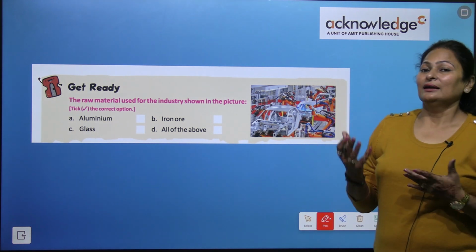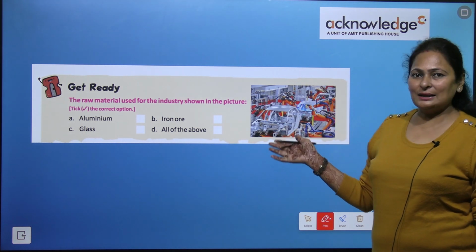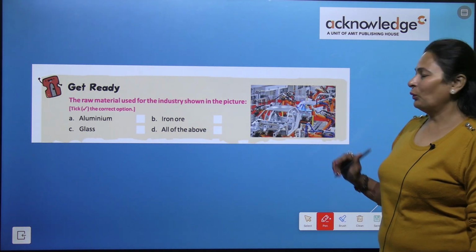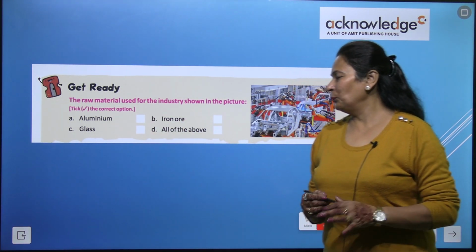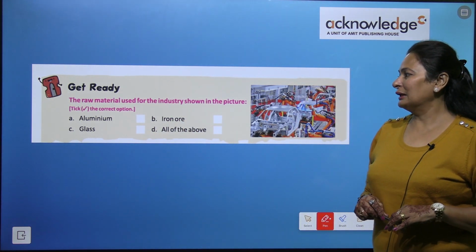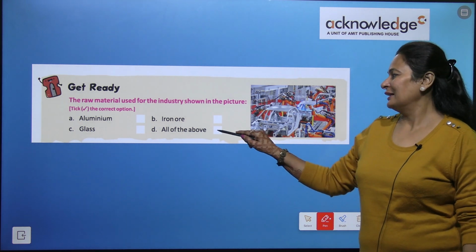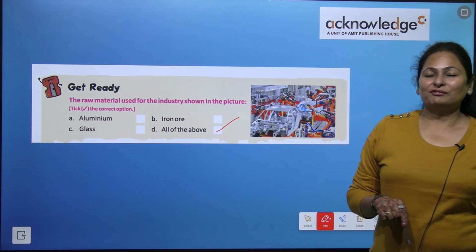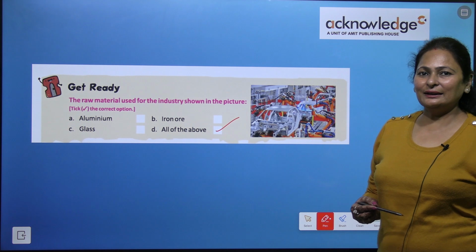This is the picture of the automobile industry. Cars are being made here. So what all raw materials are needed for it? It is aluminium, iron ore, glass, and all of the above. All of the above is the correct answer, right kids?